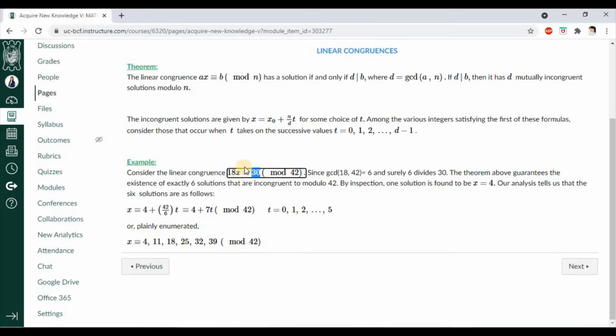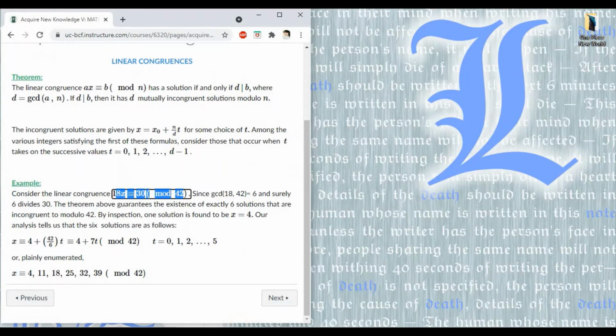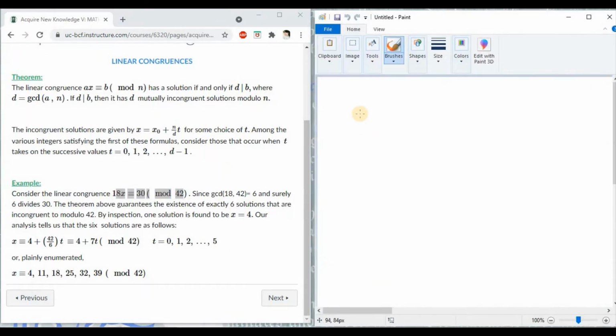Paano na ulit mag-ano ng ganitong statement, guys? Please recall, or balikan ninyo yung previous na lecture video. Sige, try natin to.